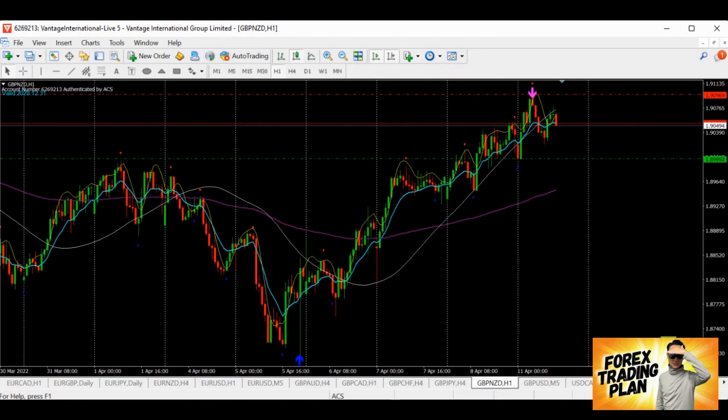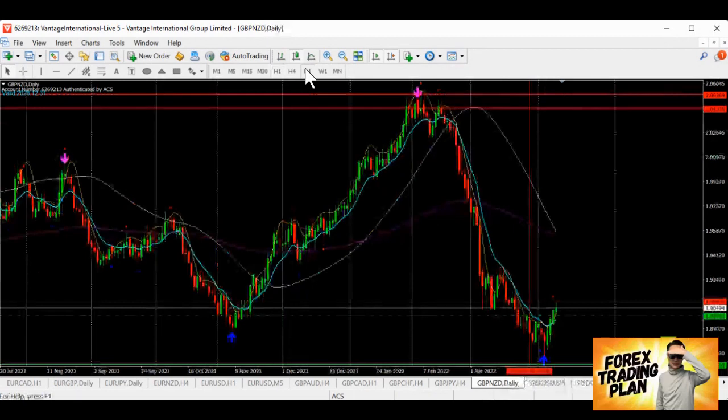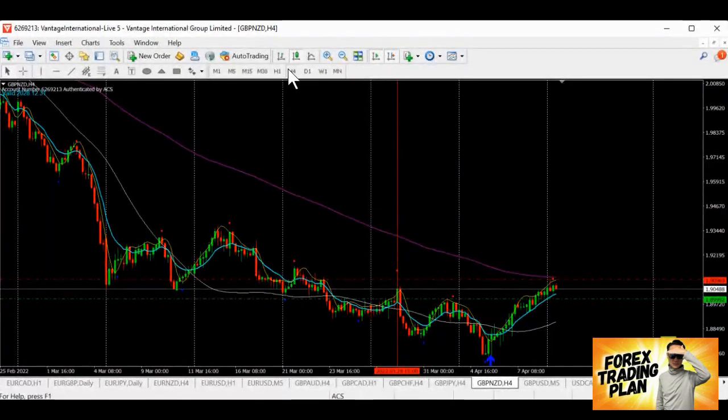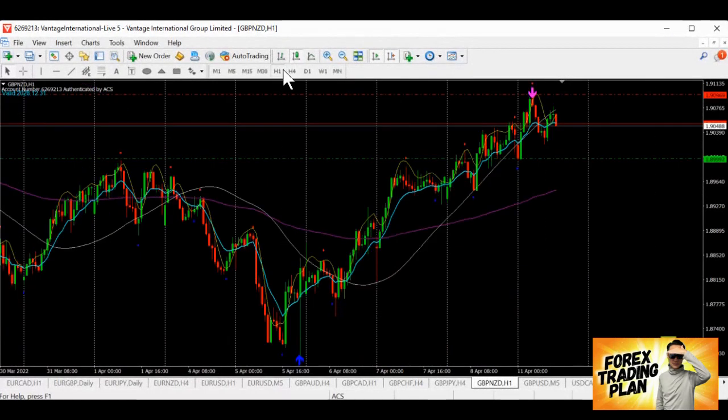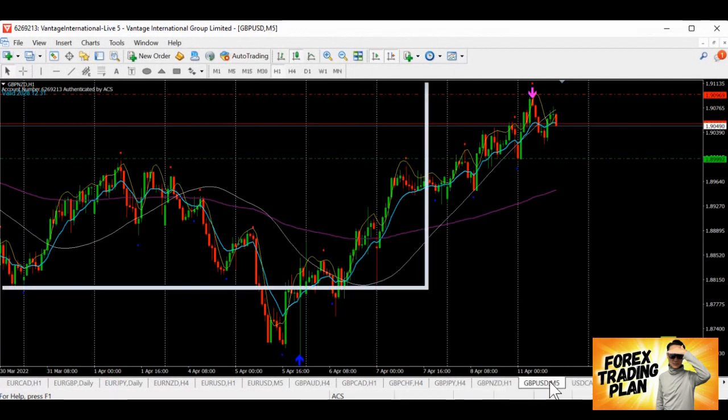Once the first half of the US market passes, there isn't any chance that you can sell anymore. So Pound Kiwi has a bit of a short span. We still have a chance to sell, but I would prefer to wait for tomorrow. In that case, I'm going to skip this Pound Kiwi first.